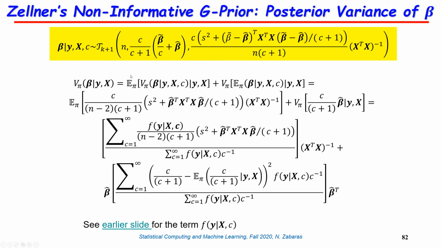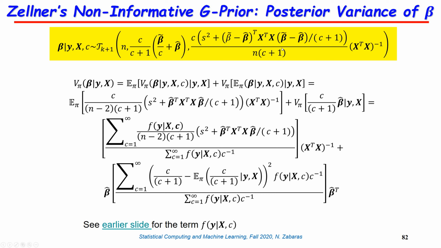And then I have the variance. The first term, I have the expectation with respect to C of the variance of beta with respect to C, which can be derived basically from this term. And I remind you, this is not exactly the variance of the student t distribution.